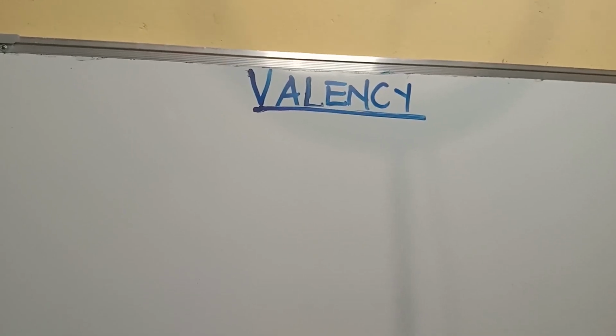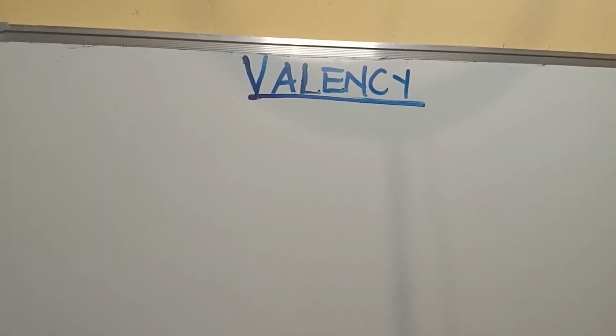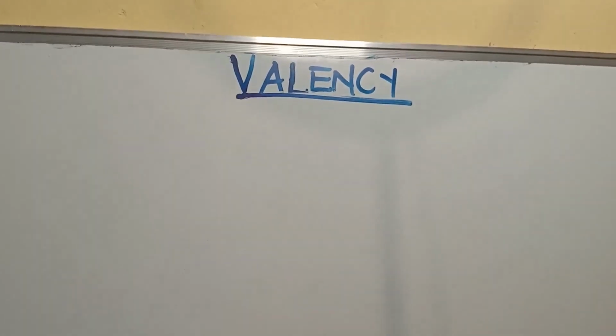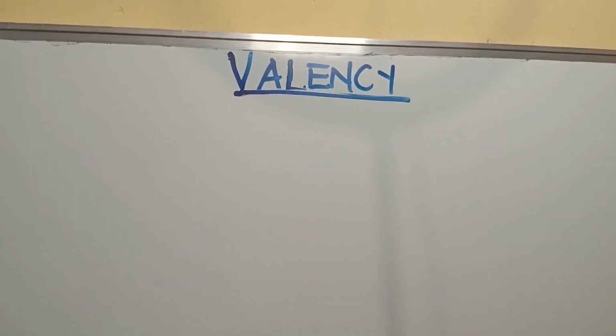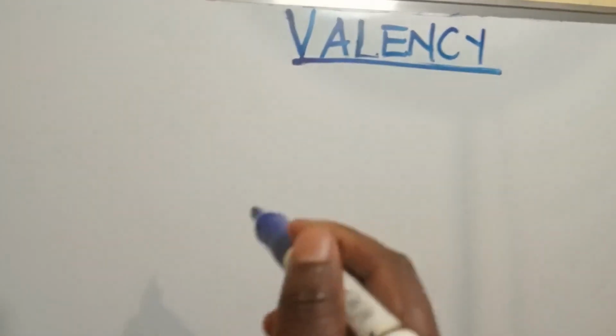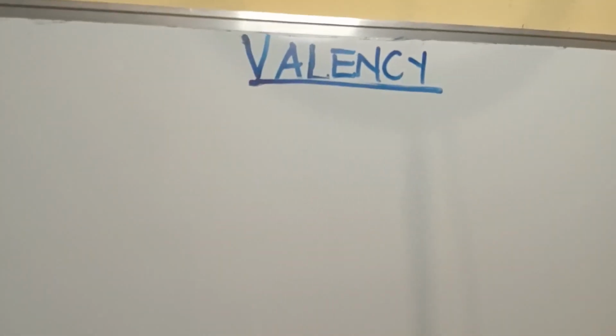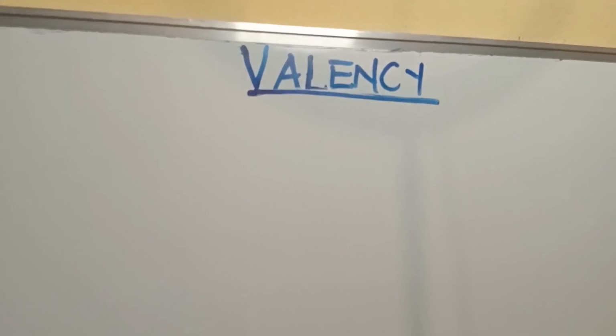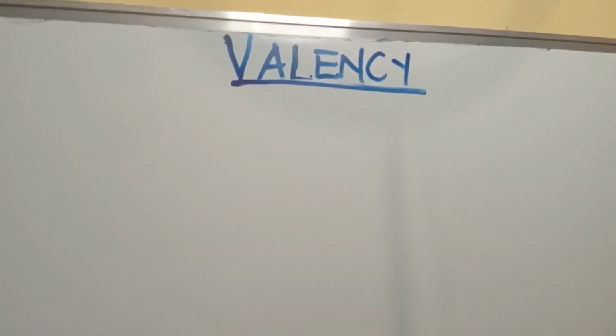In conclusion to the first point on how we determine valency using the charges, I want us to have this table together where we shall have different groups and their valencies from the various ions that are formed.